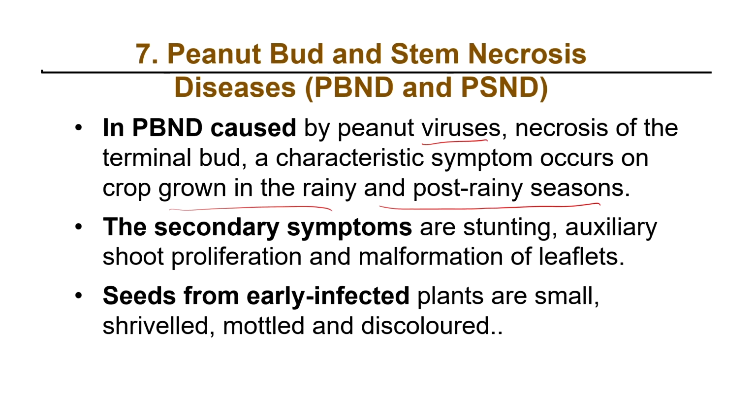The secondary symptoms are stunting, axillary shoot proliferation, and malformation of leaflets. Seeds from early infected plants are small, shriveled, mottled, and discolored.